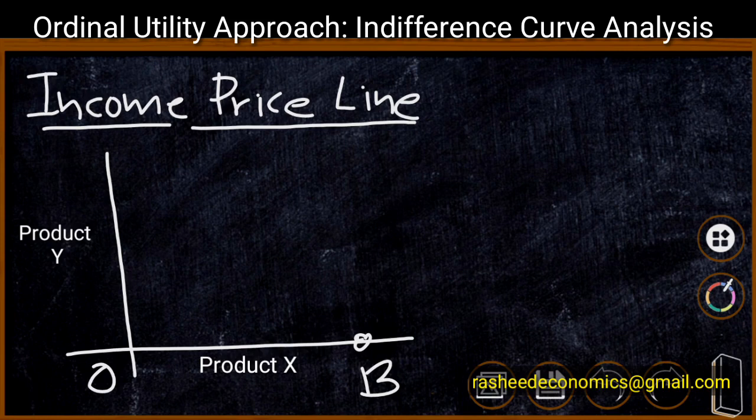Similarly, we can plot point A, which is the maximum quantity of Y that can be purchased by the consumer. Therefore, OB is the maximum amount of X and OA is the maximum amount of Y that can be purchased by the consumer. We can join these two points as the line AB and we derive this income price line. This is the income price line or budget line.